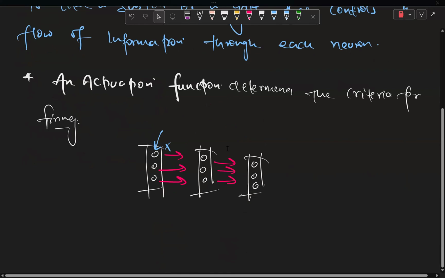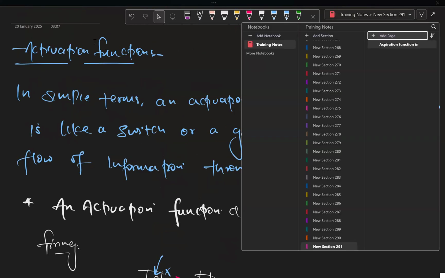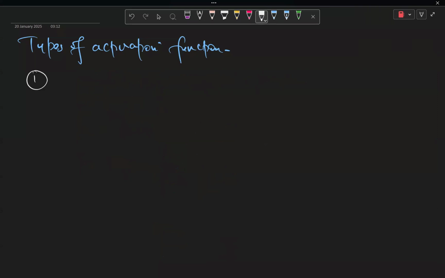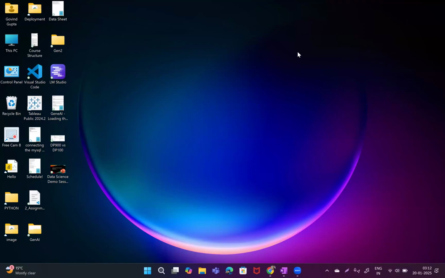Now we have various types of activation functions here, guys. So the first activation function we will discuss is the step function. So I will use one graph. Okay, I'll take this from Google.